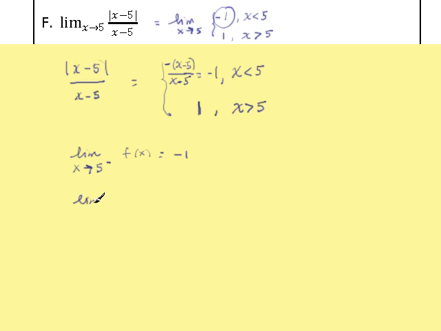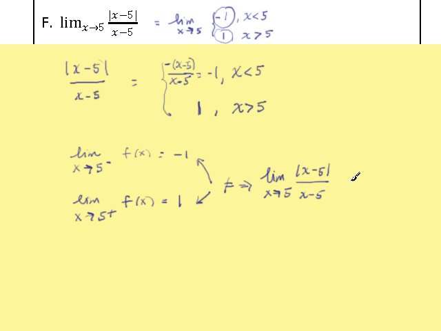And the limit as x goes to 5 from the right of our function is equal to positive 1. Again, these are not equal, so we conclude that the limit as x goes to 5 of our function, absolute value of x minus 5 over x minus 5, does not exist.